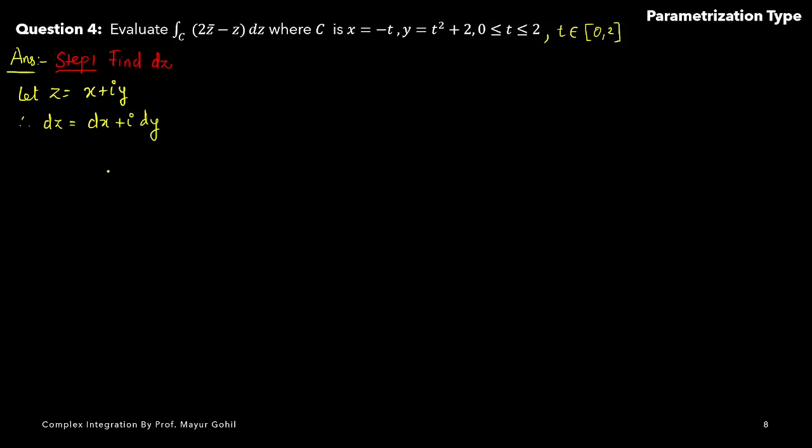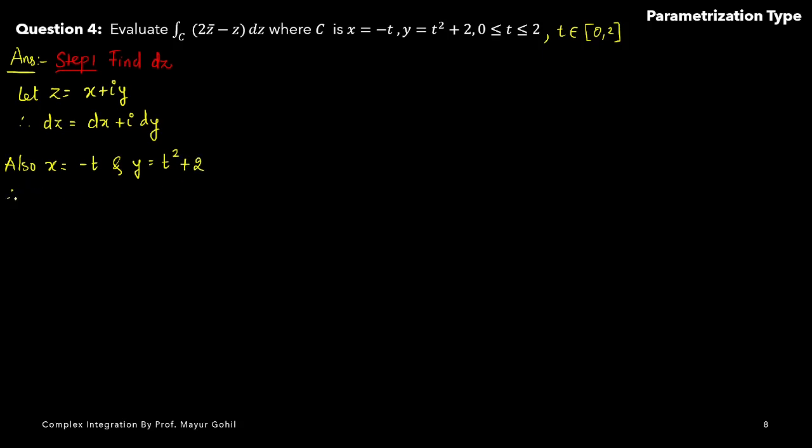That is known to us. Now we have something further about it. Also, x equals minus t and y equals t square plus 2.